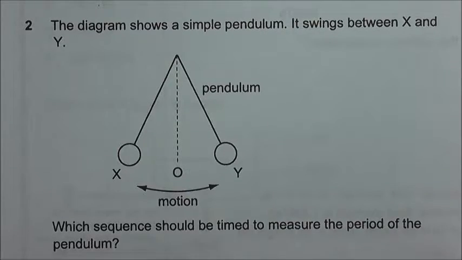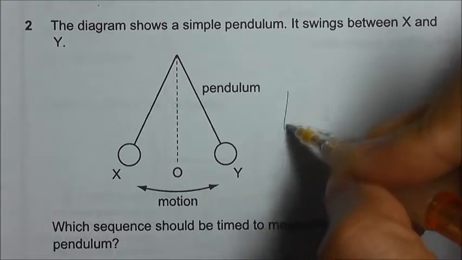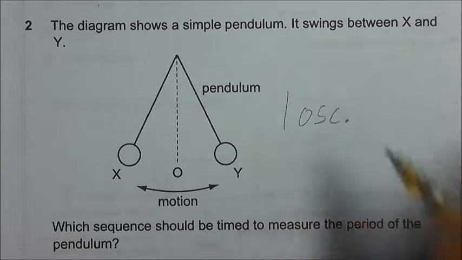Okay, we are asked which sequence should be timed to measure the period of the pendulum. In this case, we are looking at the motion of one oscillation.